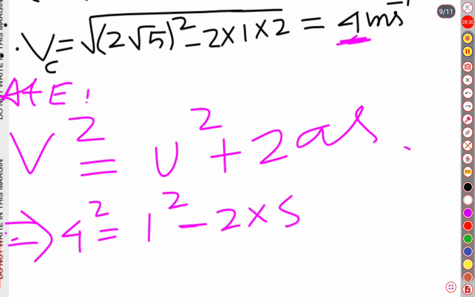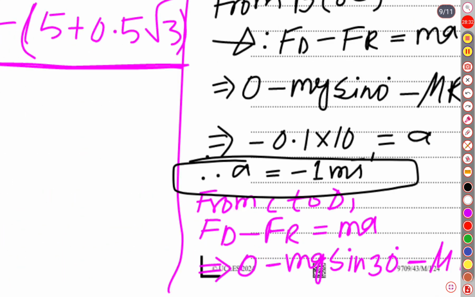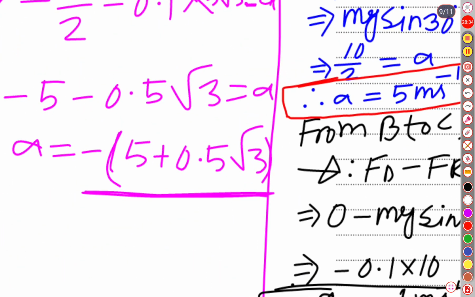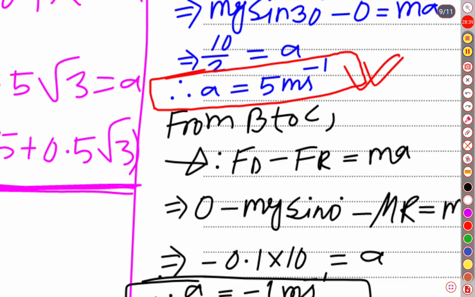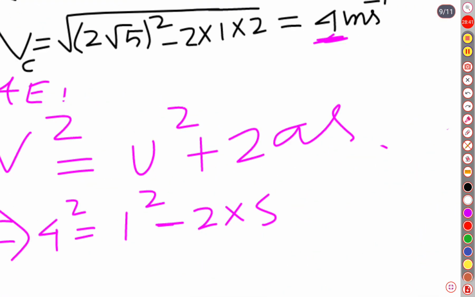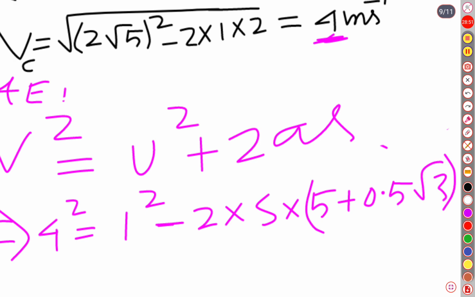Let's write the acceleration at E. Negative acceleration means deceleration. It was 5 plus 0.5 square root over 3. So this is our acceleration.